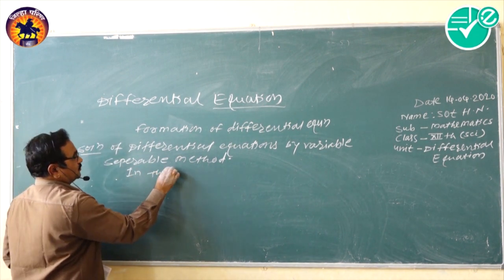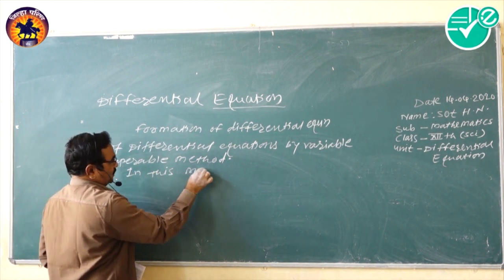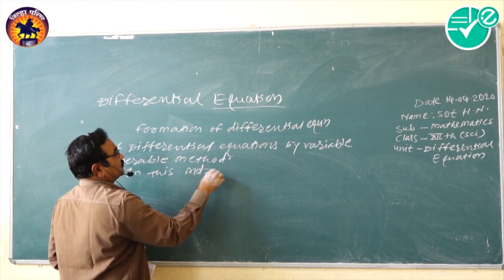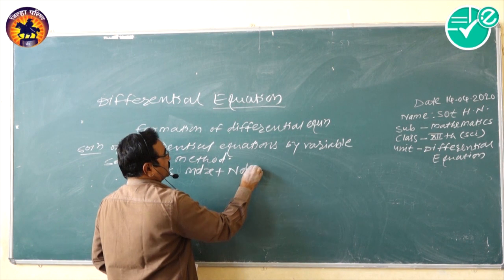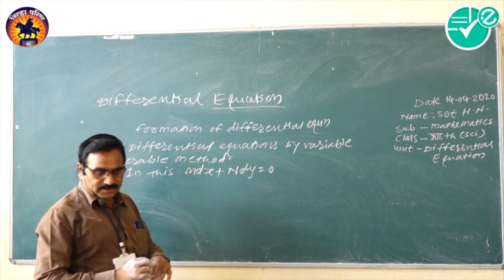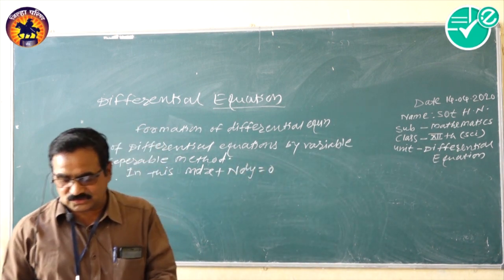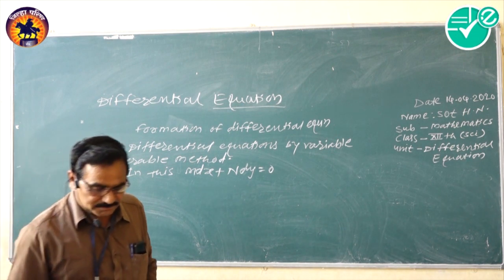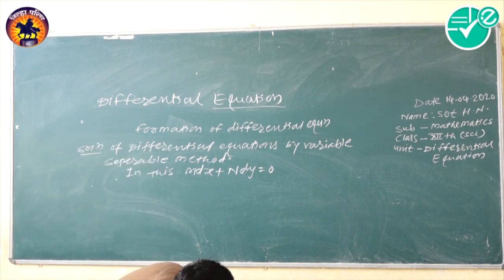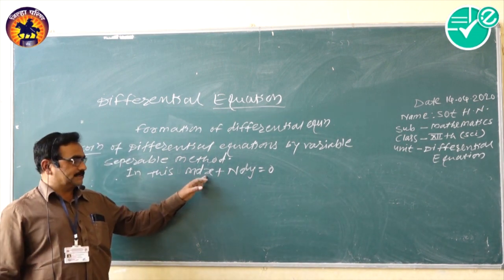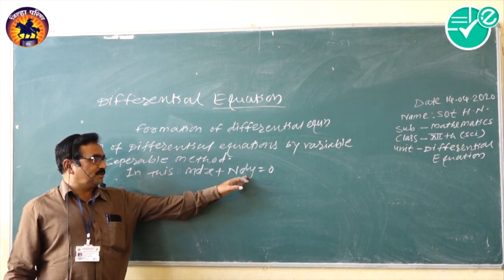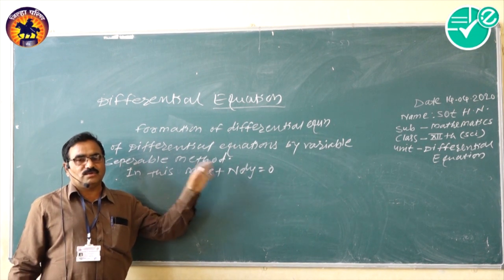In this method, m dx plus n dy equal to 0. It means the coefficients of dx are functions of x and coefficients of dy are functions of y.